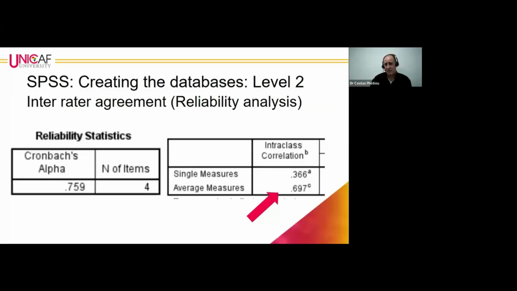And on the right-hand side, we can see the interclass correlation, where the average measures has a result of 0.697. So any values above 0.7 are acceptable. So here our value is 0.697, which means that this is an acceptable outcome.